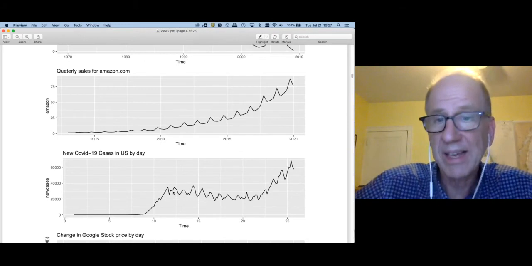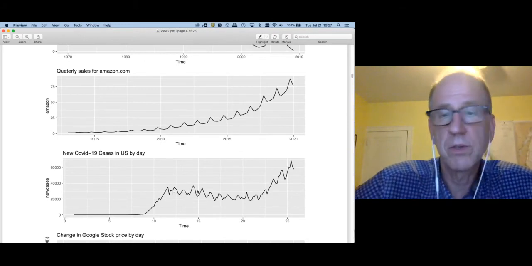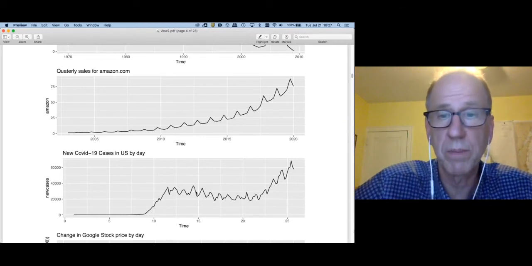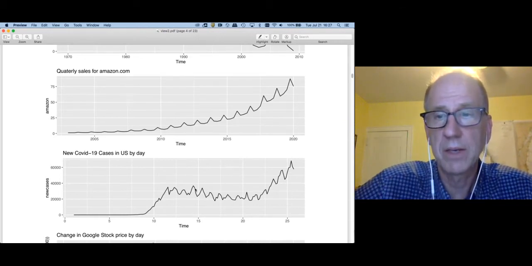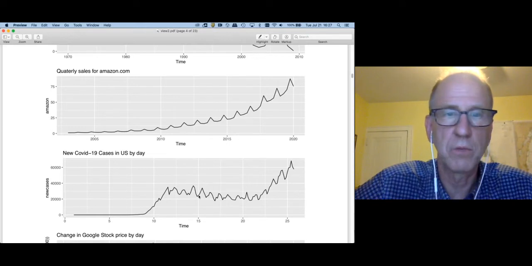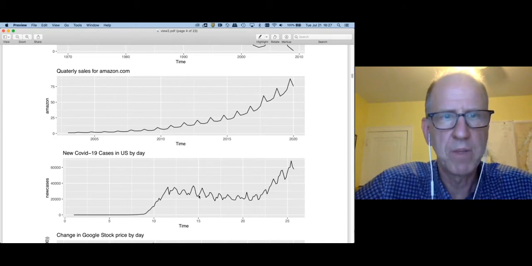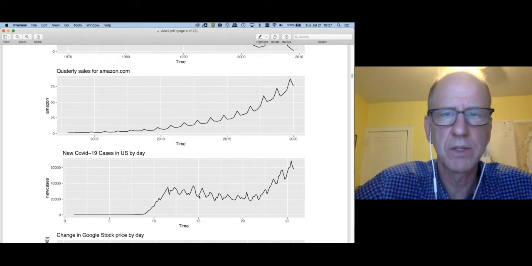There's a backlog of cases, and so you get a lot more cases being reported in the middle of the week once they've worked through their backlog, and then the cases fall again on weekend. So that's not a real effect. It's not real in that it's not that people tend to get more COVID on weekends than weekdays.